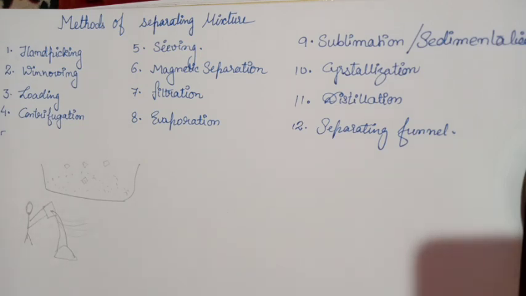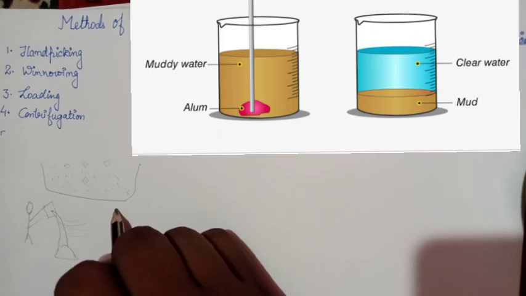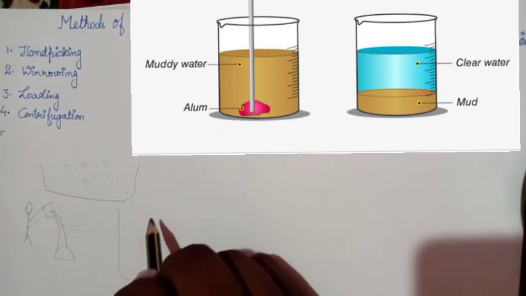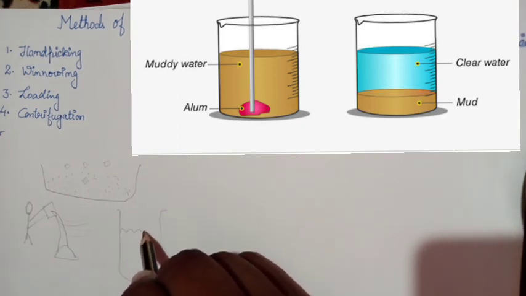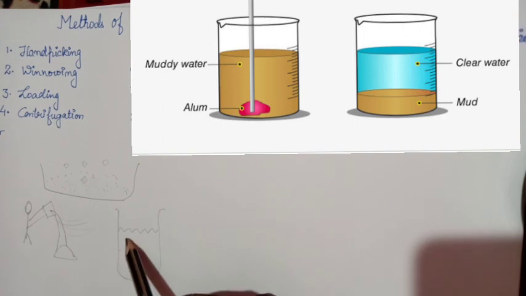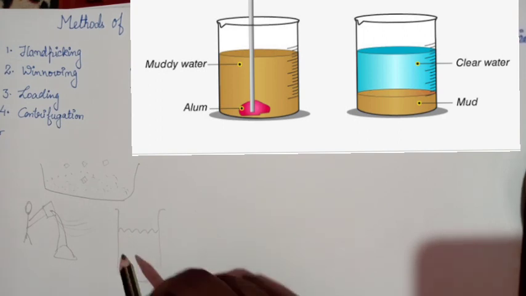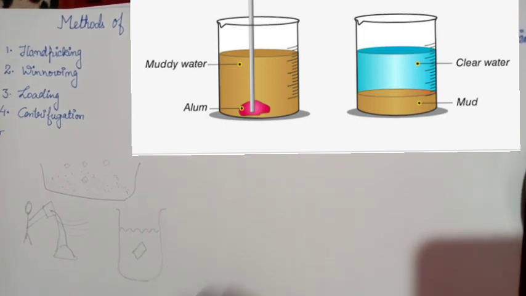Then what is loading? Loading is basically done with river water. When the river water gets dirty, it is collected in a beaker. Since it is muddy water, they put some alum. What is alum?